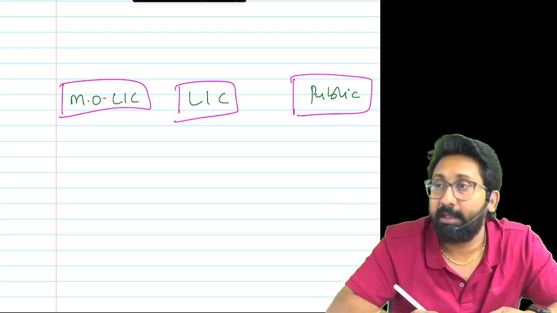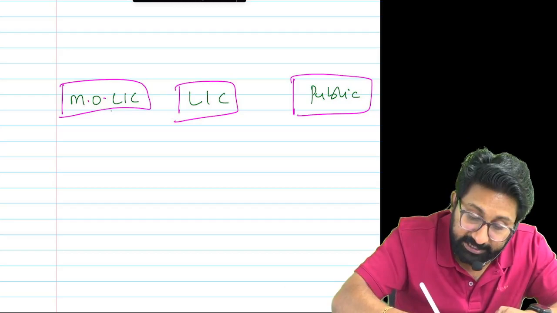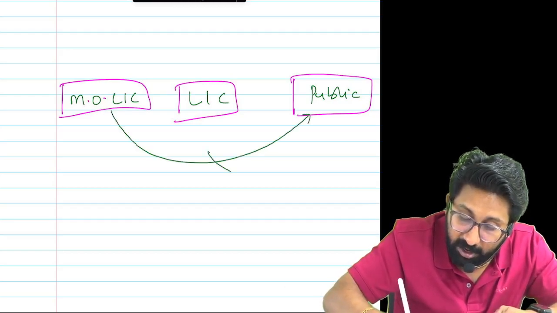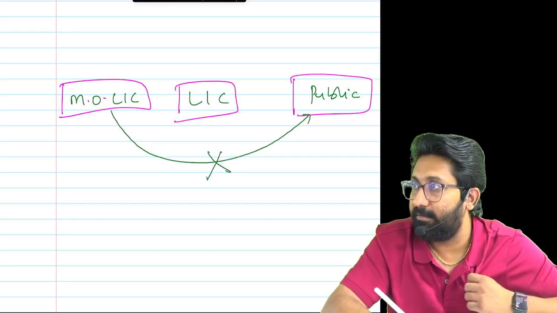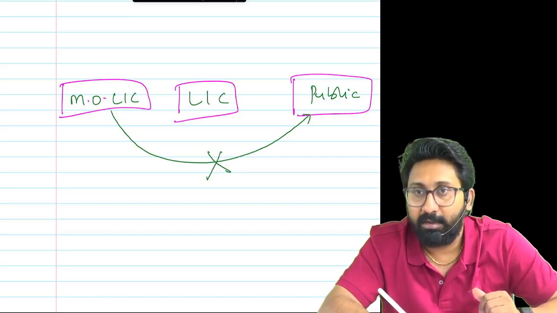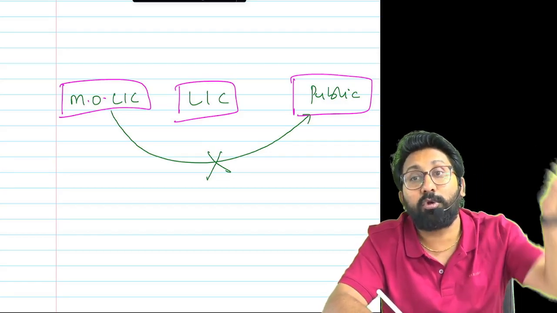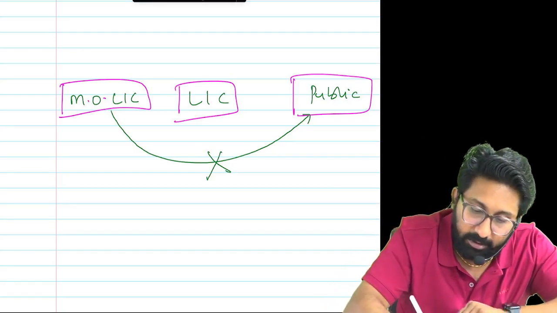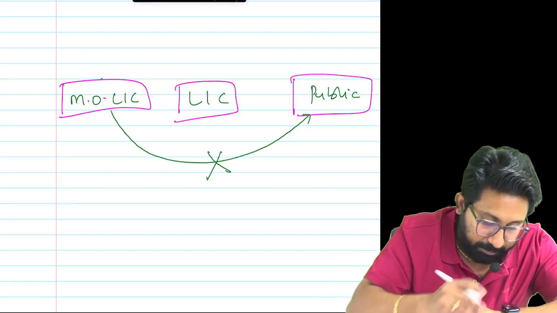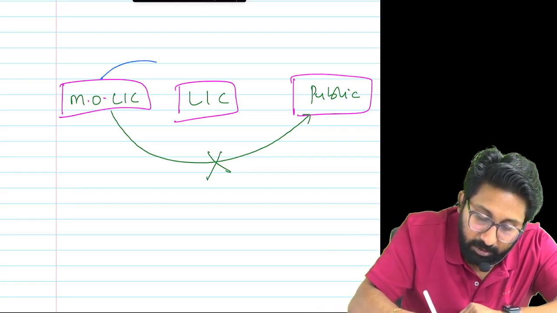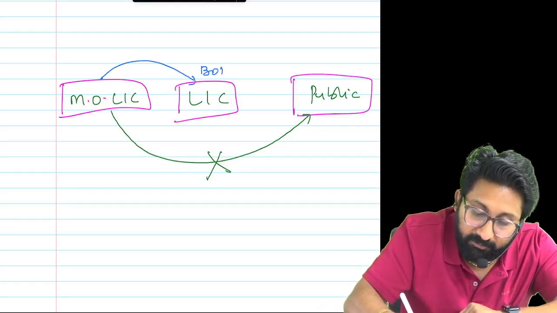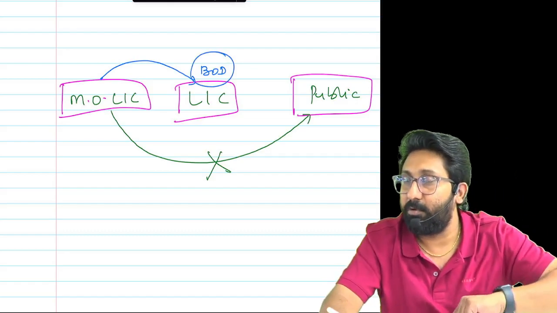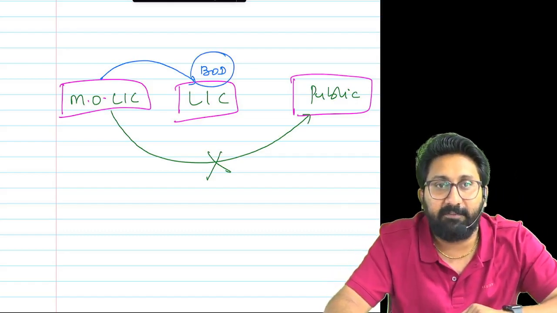Now listen carefully. Members of LIC will not directly sell. The sale happens through LIC. What will they do? These people will go to the board of directors of LIC.